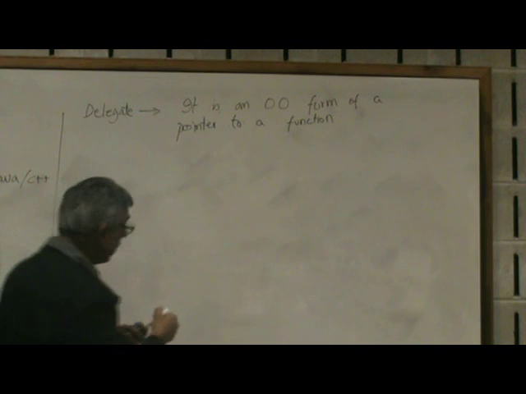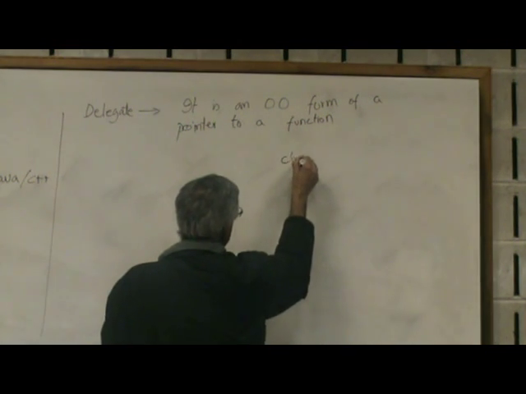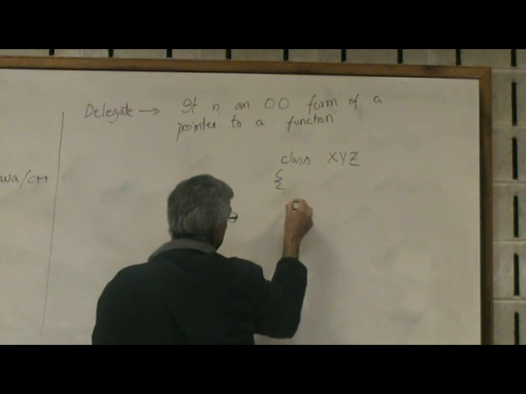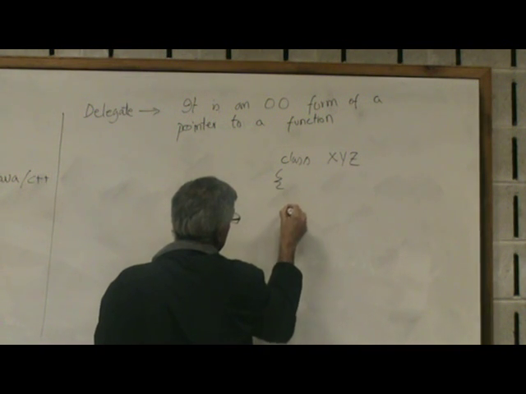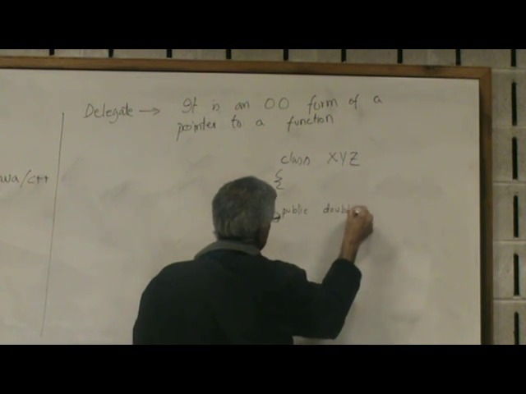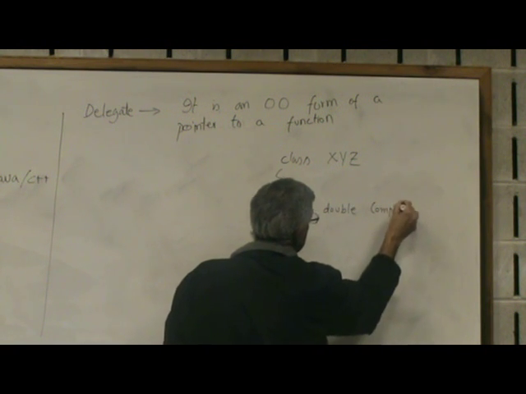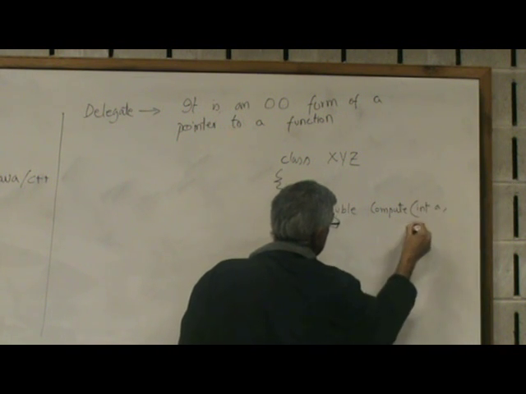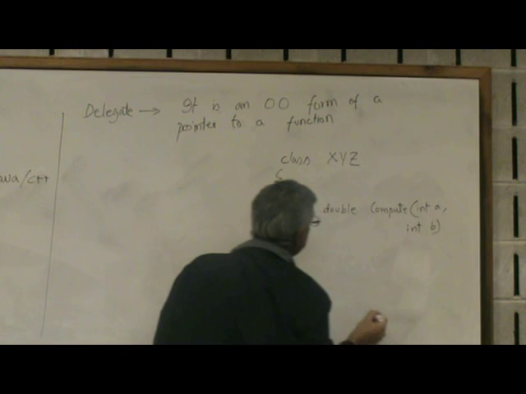To give you a simple example, suppose you created a class called XYZ, and suppose you put in something like public double Compute(int A, int B).